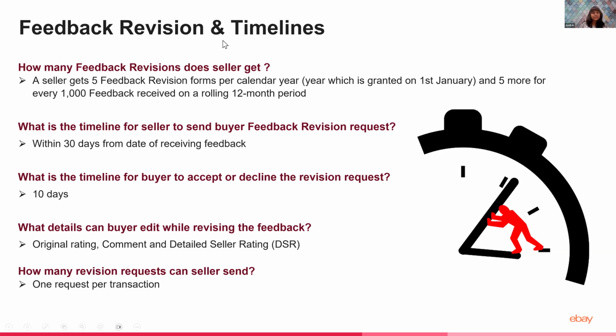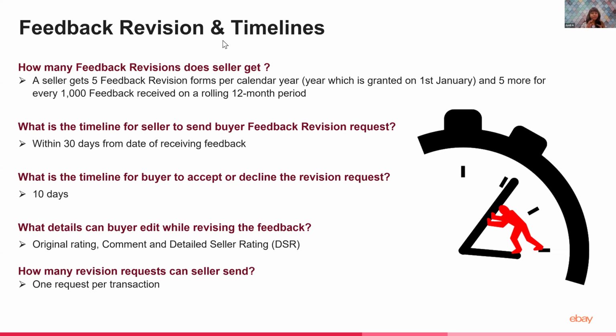Because as a seller, you get 5 feedback revision requests per calendar year, granted on the 1st of January, and 5 more for every 1,000 feedback that you receive on a rolling 12-month period.